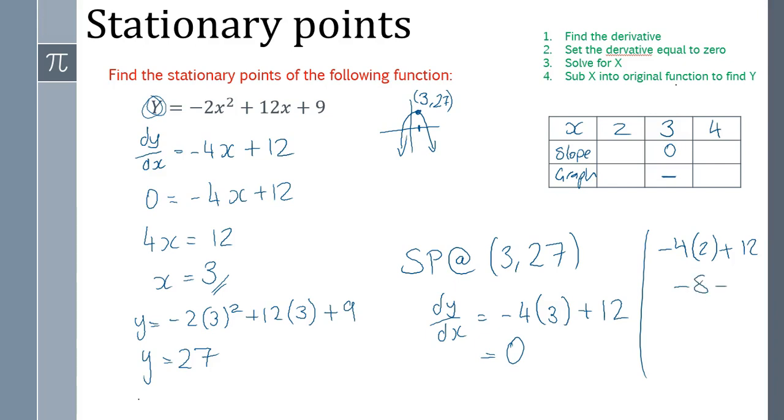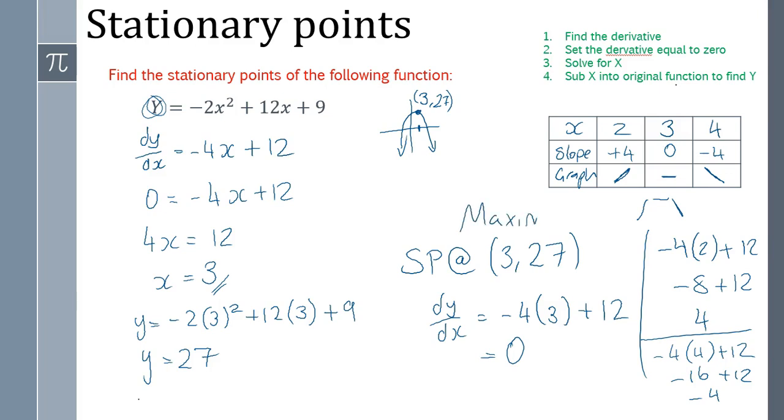So negative 8 plus 12 is 4. So it's positive. And I'm going to do the same again with 4. That's negative. Okay, you can see there it's drawn us a little picture, and that is a maximum.